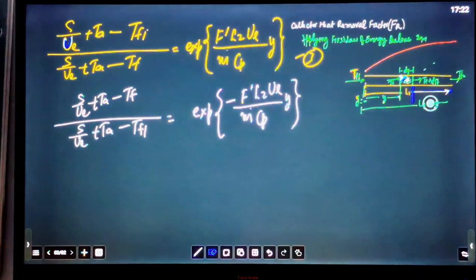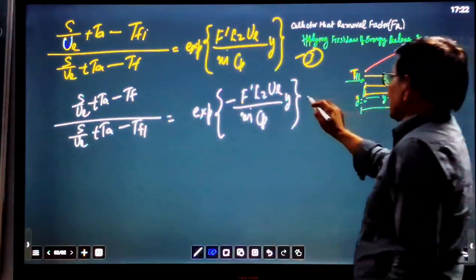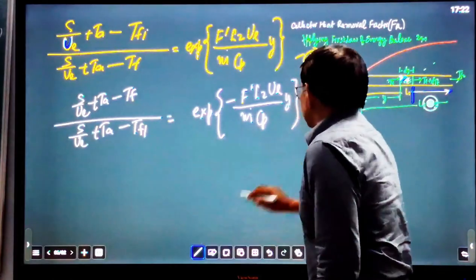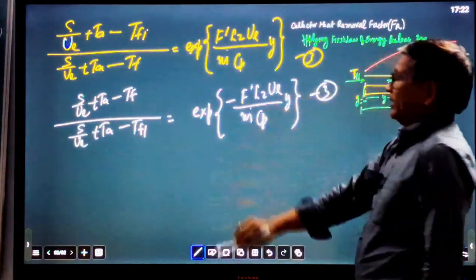The equation number is again 3, because we have only reversed it, so the equation number will not change.